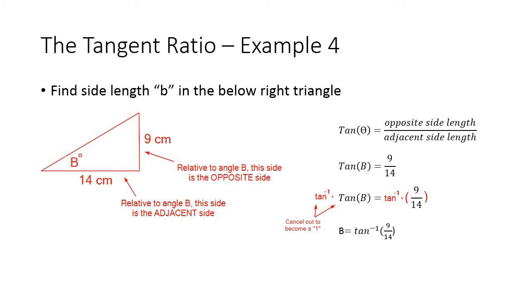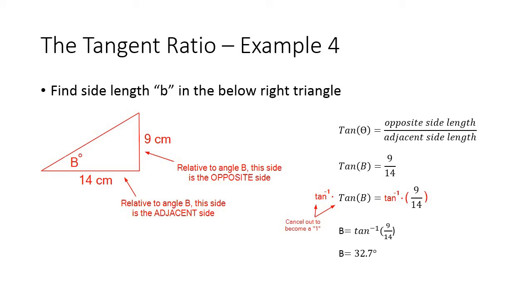Your bracket will start automatically. Type in 9 divided by 14 and make sure you end your bracket then. So you're taking the arctan, or inverse tan, or tan to the -1 of 9 divided by 14. And that's going to give you a number, which is your degrees, your unknown value of angle b.